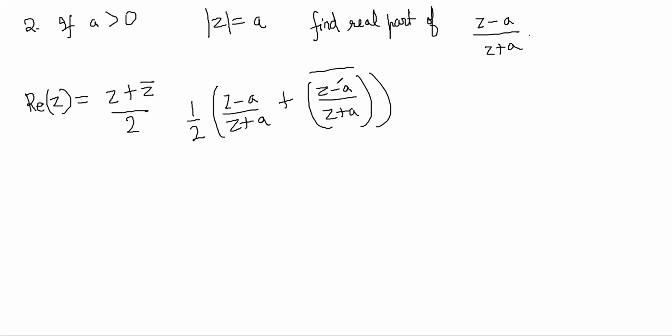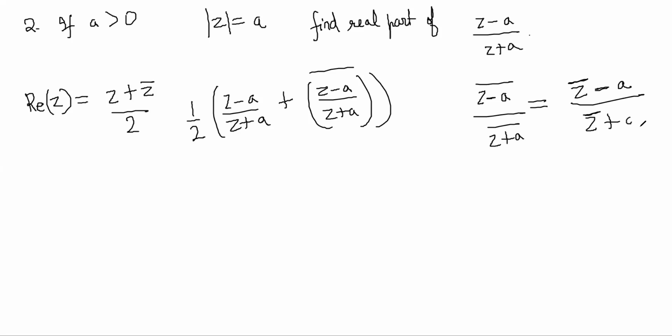How will you split this whole conjugate? We can do it numerator by denominator. That becomes (z̄ − a), since a is real as given, over (z̄ + a). Now we add (z − a)/(z + a) plus (z̄ − a)/(z̄ + a).